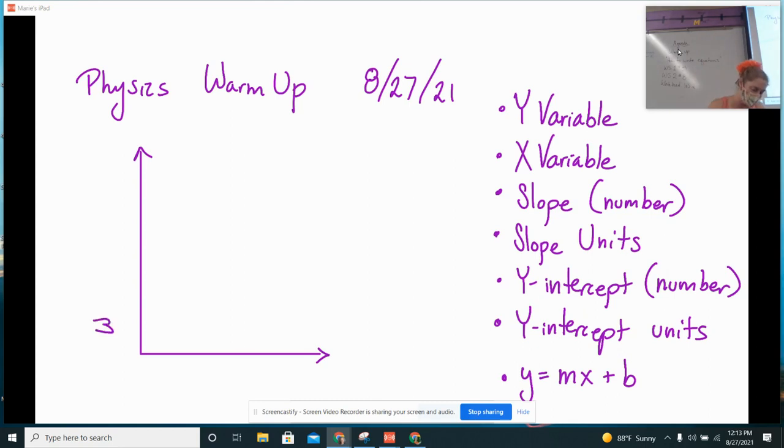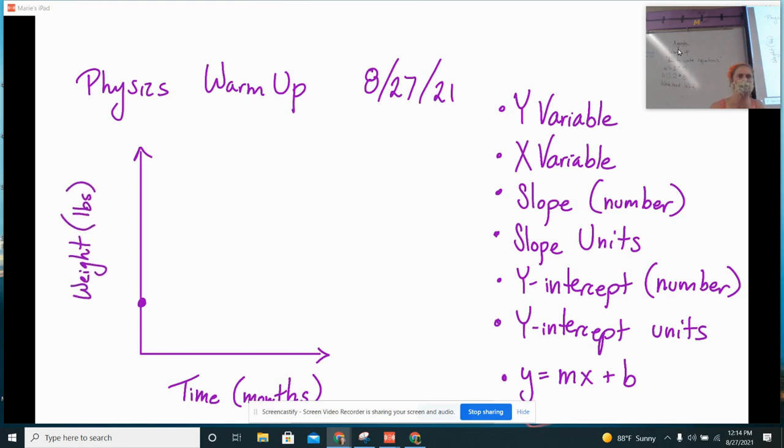So this was weight in pounds versus time in months. How many pounds do you think this person started being able to lift without any training? The bar, which is what, 45 pounds?